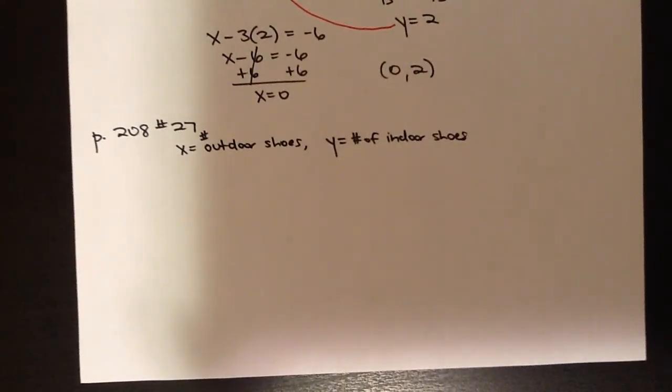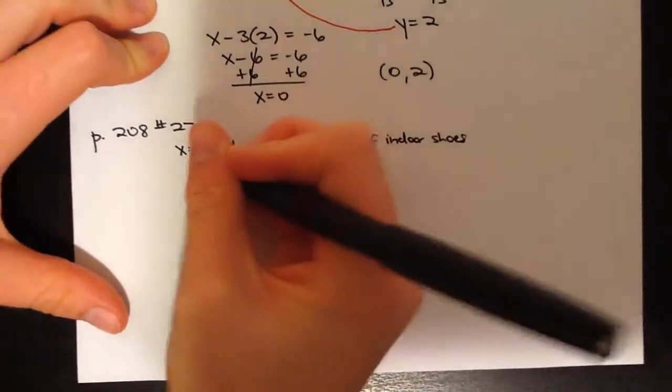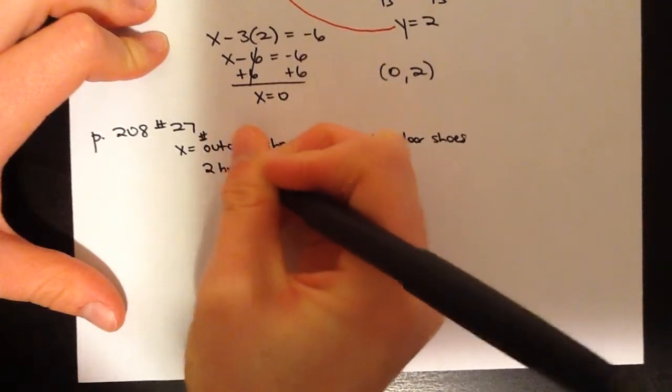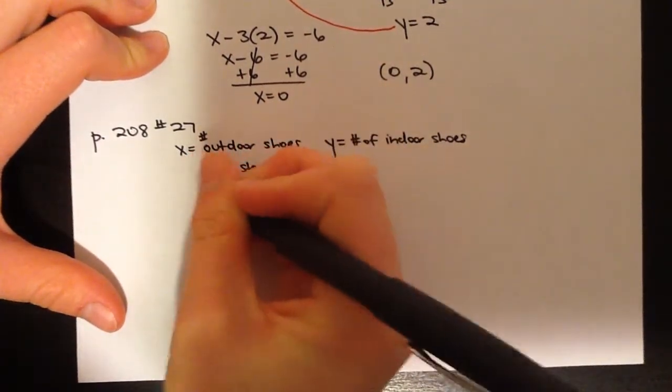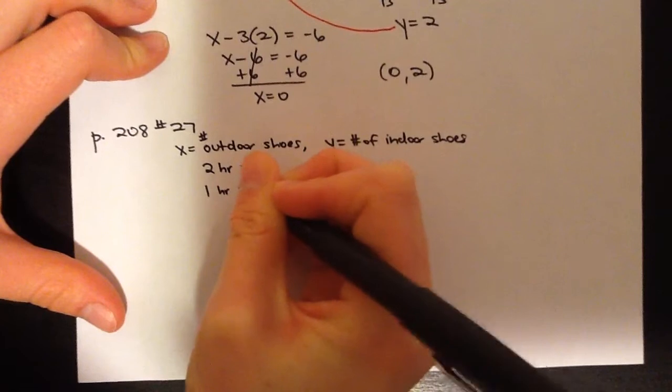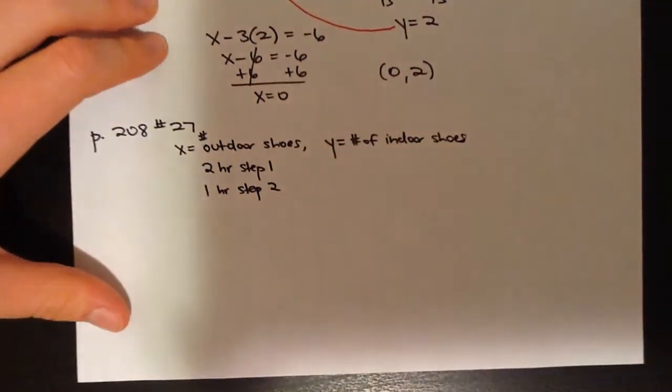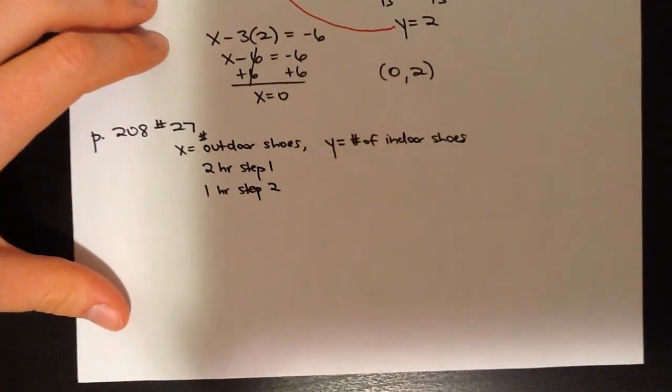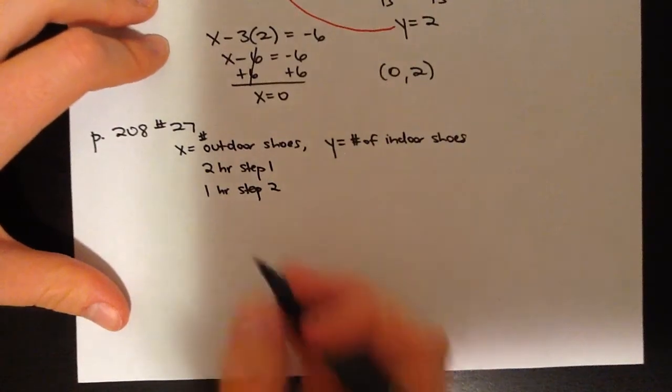Okay, there's a 2-step process for both kinds of shoes. Each pair of outdoor shoes requires 2 hours in step 1 and 1 hour in step 2. Okay, just writing down all the info that we have here. And produces a profit of $20.